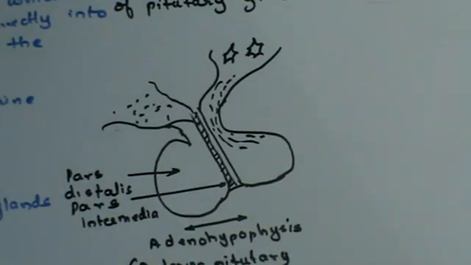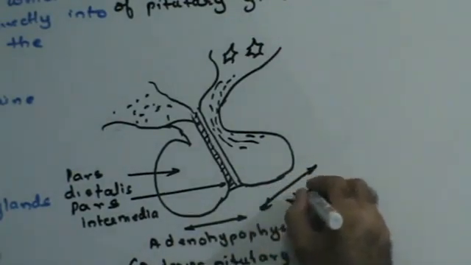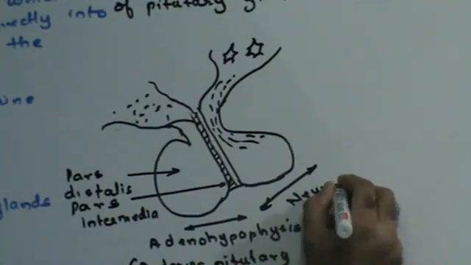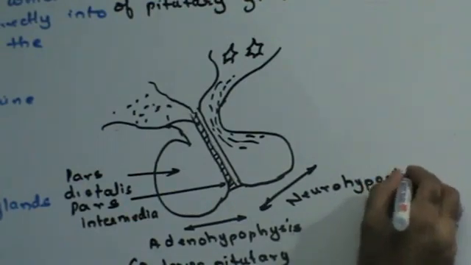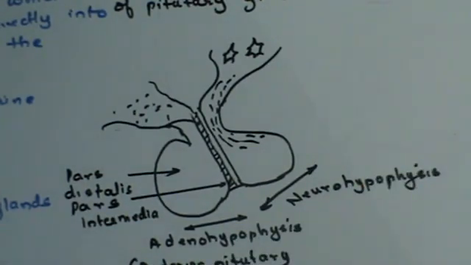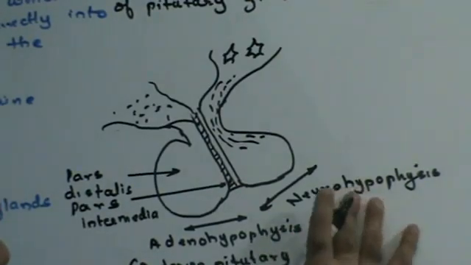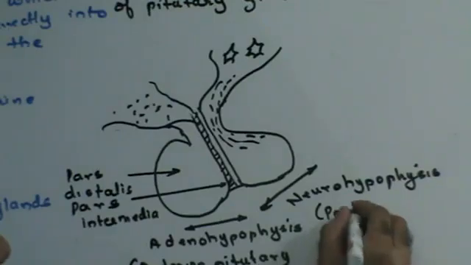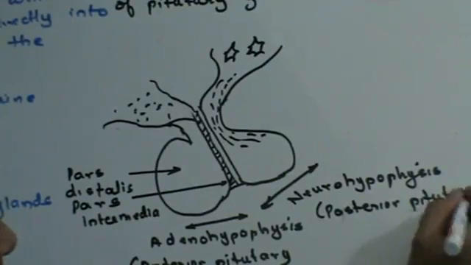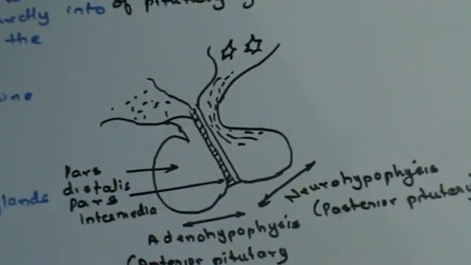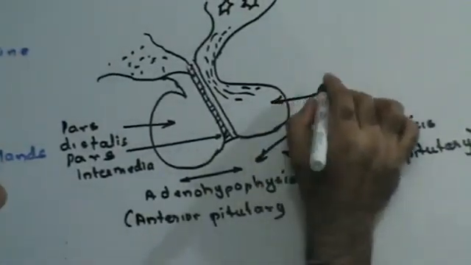Right, this is my neurohypophysis, which is also called posterior pituitary. Right, then you have pars nervosa.